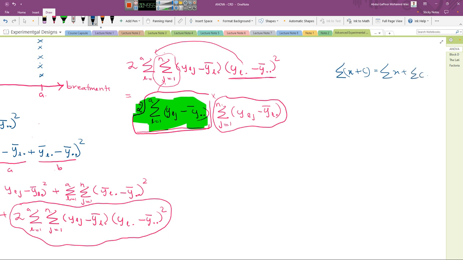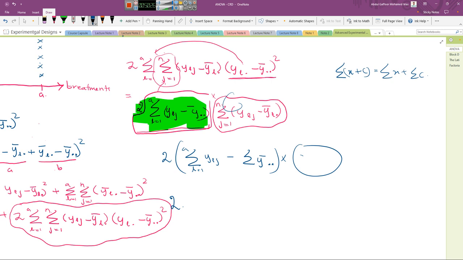So now I'm going to apply this here, 2 into summation i equals 1 to a, then summation yij minus summation y double dot bar, into this portion coming here, right? Now 2 into this is equal to, now if you have ij, right?